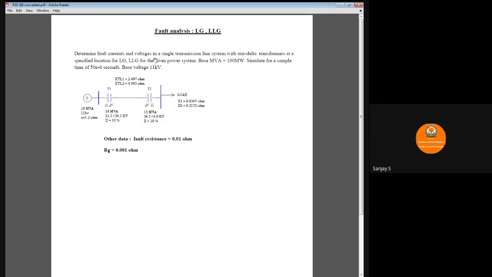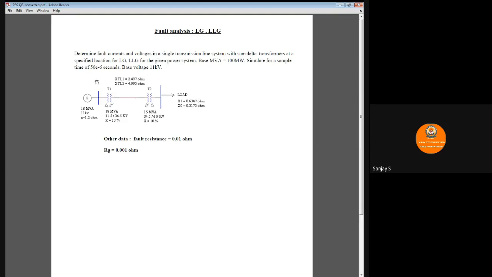Determine fault current and voltages in a single transmission line system with star delta transformers at a specified location for LG, LLG, and also line to line fault for the given power system. Base MVA 100. Simulate the sample system with a time of 50 microseconds and assume the base voltage to be 11,000 volts or 11 kV.